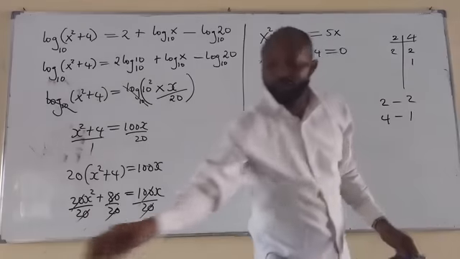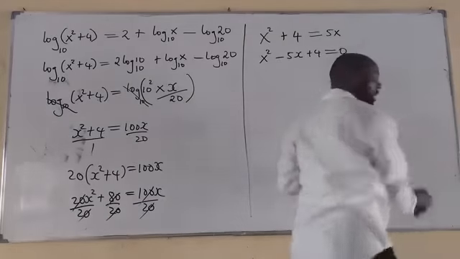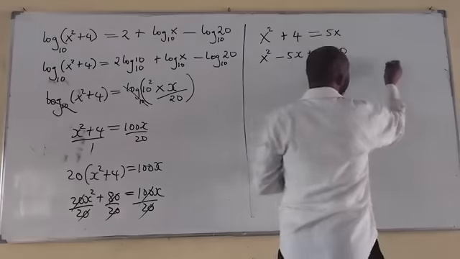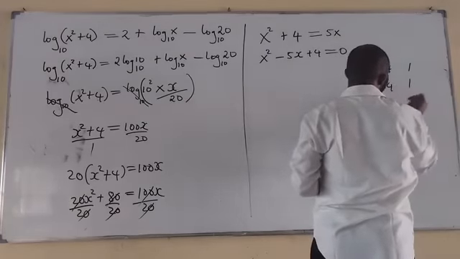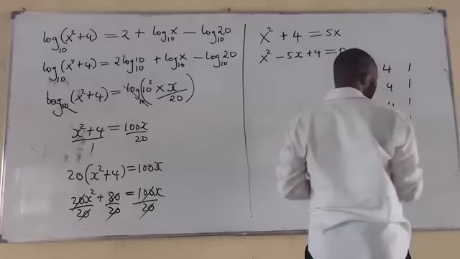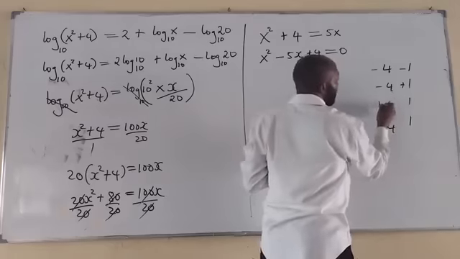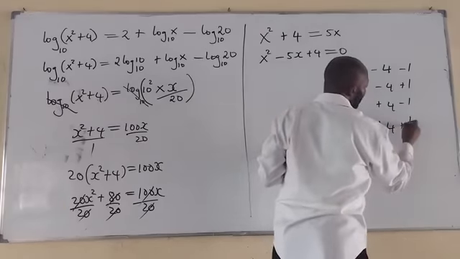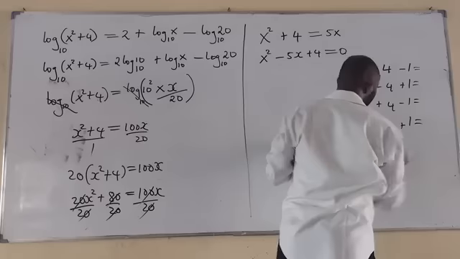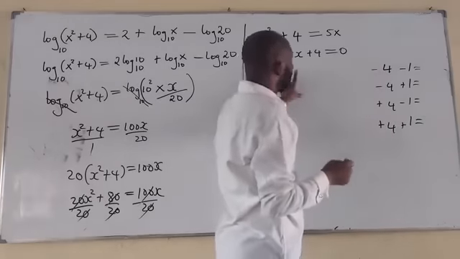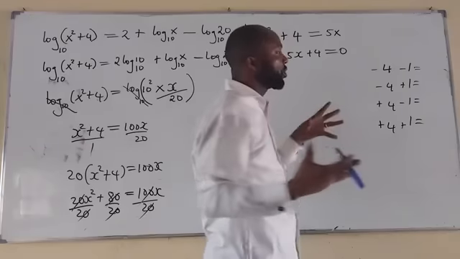So if we have spotted the numbers that can give us that, 4 and 1, then the next thing we do, come down right here, 4, 1. With signs: minus, minus; minus, plus; plus, minus; plus, plus. This is how you spot it. Although from just the onlook, you can know what the factors are, for somebody who is learning, you need to know the basics.